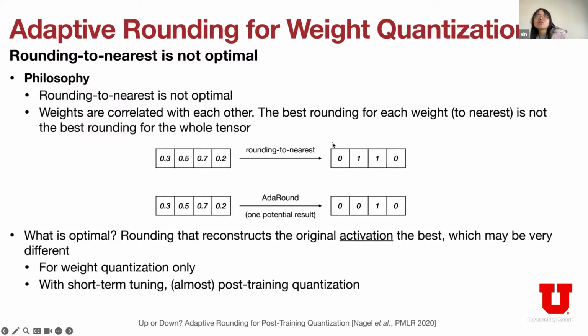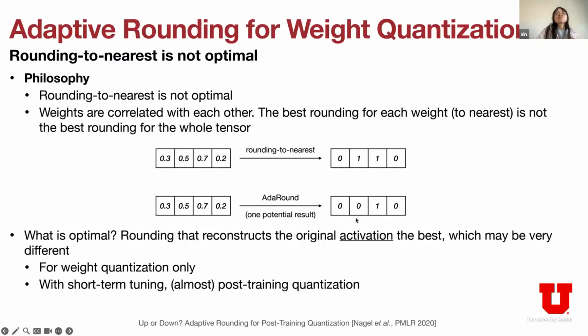This is rounding to the nearest. In this paper, the adaptive rounding for weight quantization, it proposed one method named AdaRound. So for the value 0.5, it is rounded to 0.